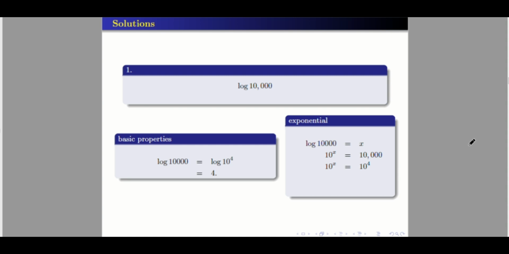So 10,000 is again 10 raised to 4. By the one-to-one property, because we have now the same base, which is 10, x is equal to 4. Therefore, we can substitute the value of 4 here. So log of 10,000 is equal to 4. So both strategies have the same answer.